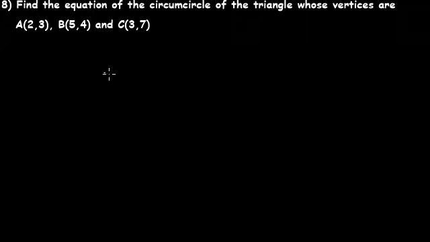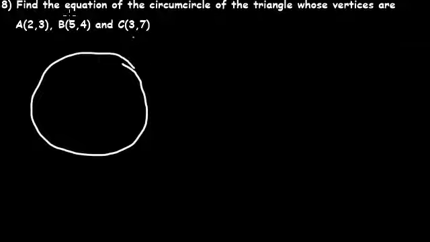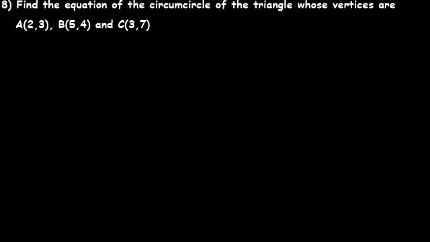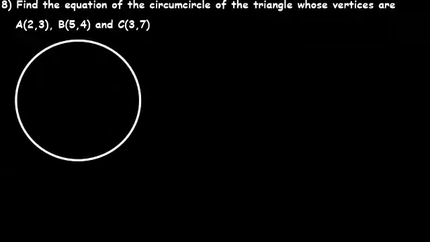So let's consider a circle for easy understanding. Inside this circle, we have a triangle such that all its vertices touch the circumference of the circle.